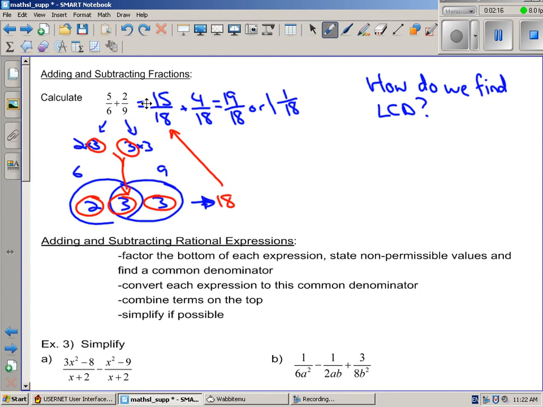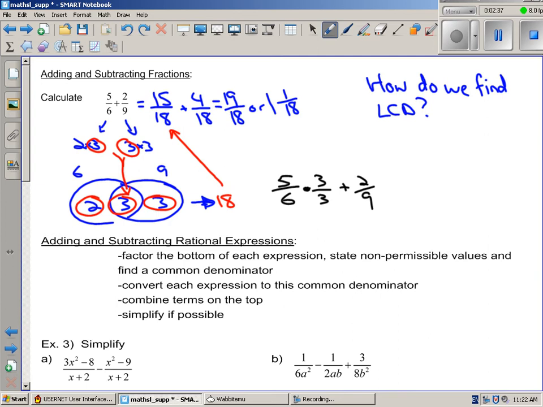Okay, then here was the next part of the puzzle. You had 5/6 plus 2/9, and you said, I really need to turn this into a denominator of 18. So with a 6 on the bottom, I need to multiply by 3. And since I'm multiplying by 3 on the bottom, I need to do that on the top as well, because I can't just change the value of this fraction.